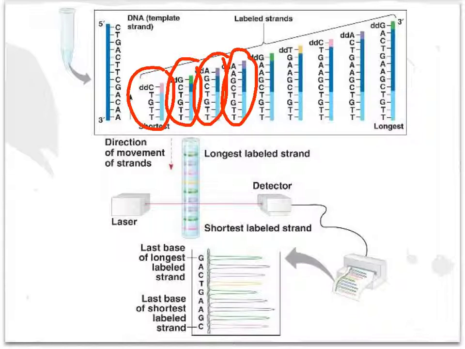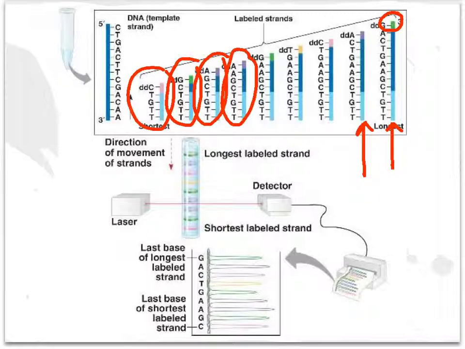However, so many fragments are created, and in fact, every length of fragment is created, and these fragments are different simply by 1 nucleotide. So this fragment is identical to this fragment except for this last nucleotide. And that last nucleotide is a fluorescently bound nucleotide. And so we've got a bunch of different fragments.